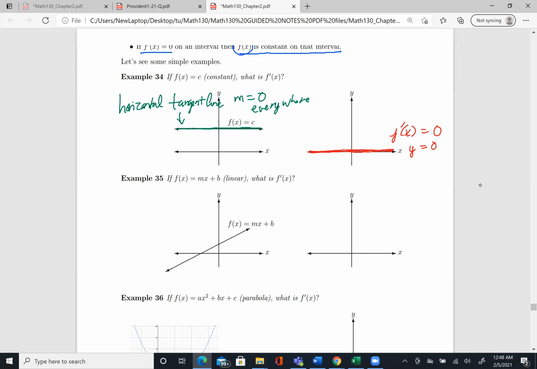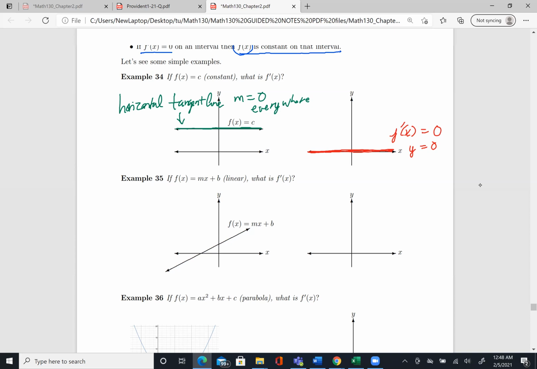Okay. What about example 35? If f(x) equals mx plus b, linear. So you see in here it is a linear function, and when you look at it, it's just increasing. The slope in here should be positive, right?